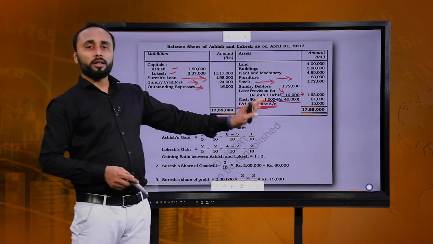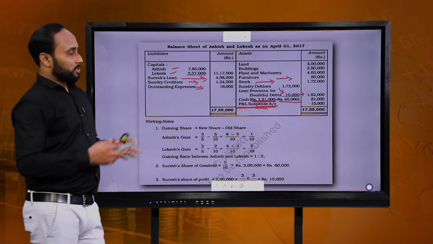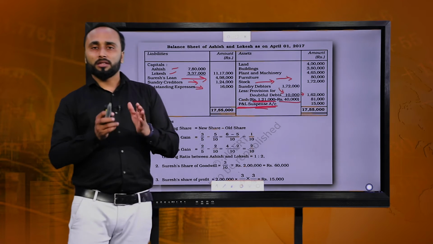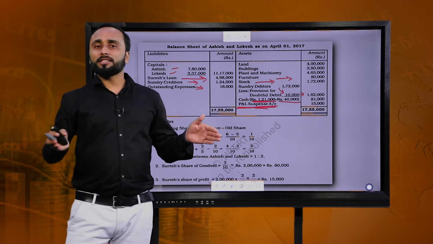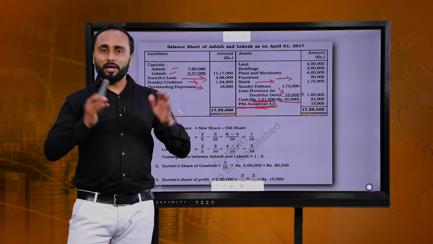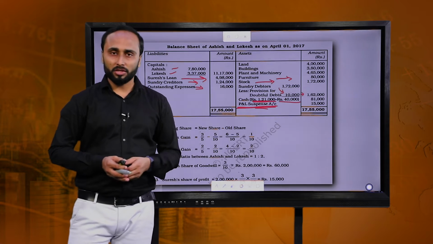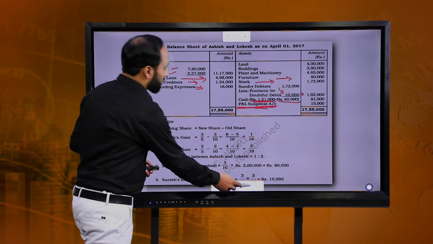And then you balance out the balance sheet, which should come out to be equal. So this is how we make adjustments for all these things that we have learned till now and prepare the comprehensive statements including revaluation, capital account and balance sheet. I hope you were able to understand this.